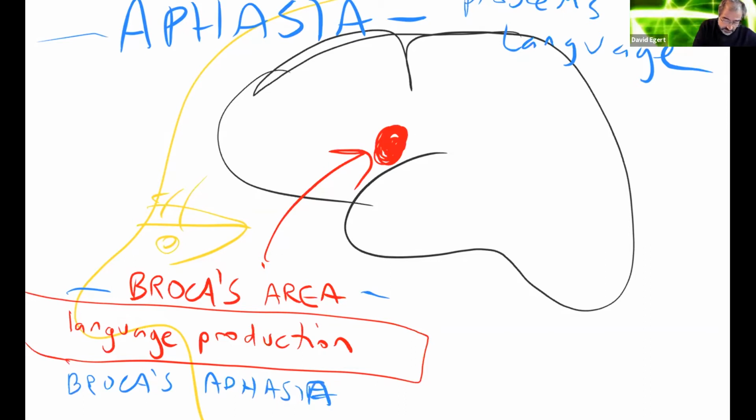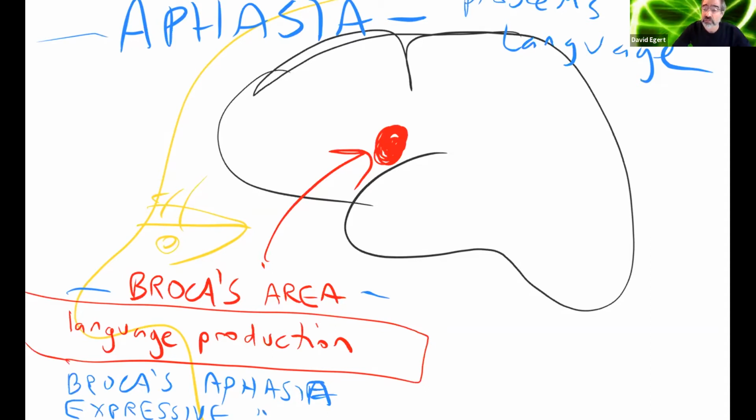They sometimes call it expressive aphasia, because you can't express yourself. You know what you want to say, but you can't say it. Sometimes they say non-fluent aphasia, meaning you are not fluent, you can't make words easily.